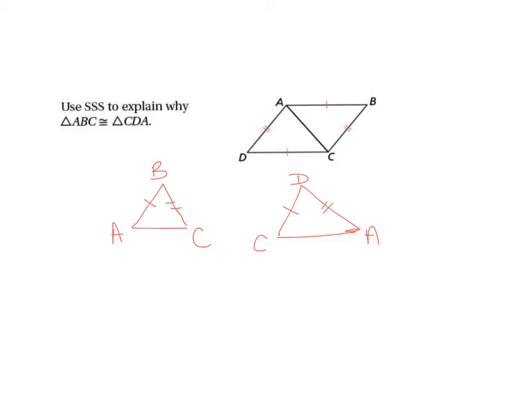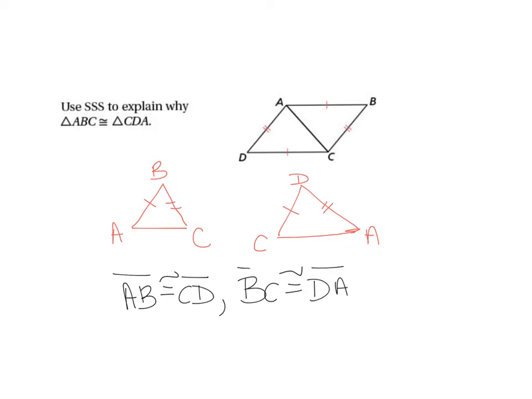So in order to use SSS, I have to prove all three sides are congruent. I already know that AB is congruent to CD because they have one tick mark. I know that BC is congruent to DA because those have two congruent marks. And notice I'm marking it with a line segment as well.